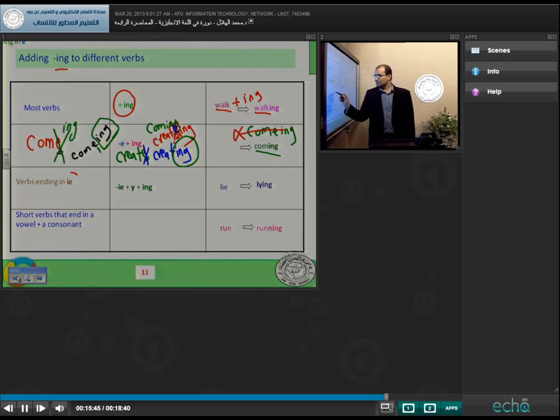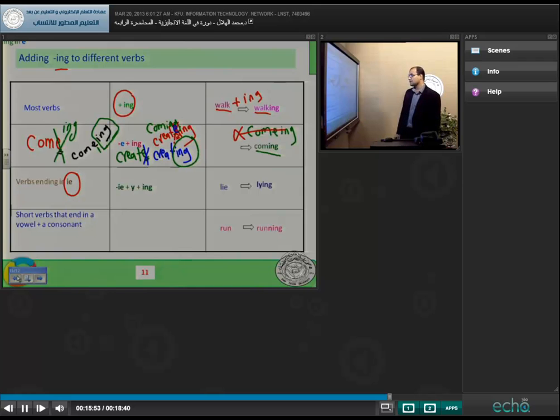Sometimes we have verbs that are originally ending in an IE sequence of letters, and an example of this would be a verb like lie. If you look at the end of the verb, it is IE. Now verbs like those, we cannot just add an ing to the end.